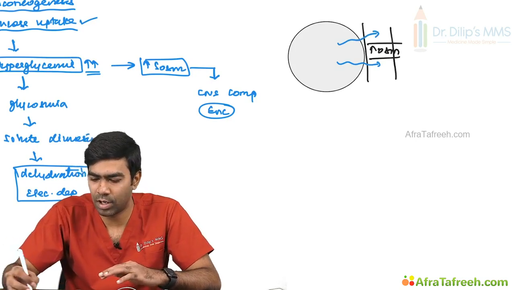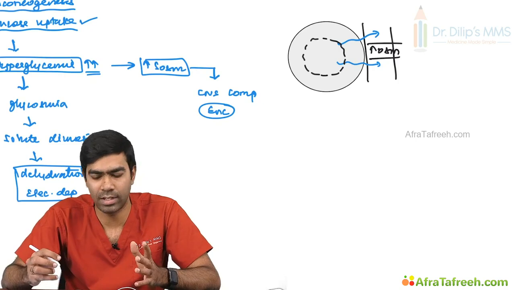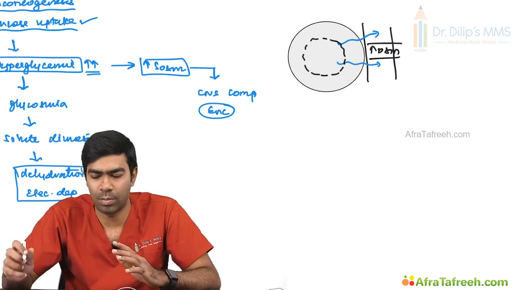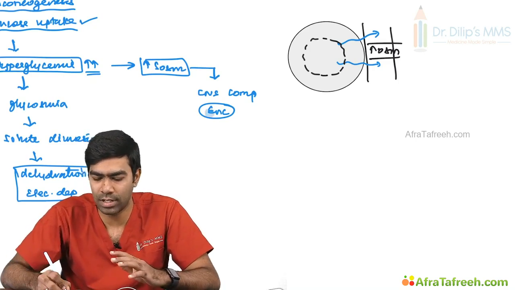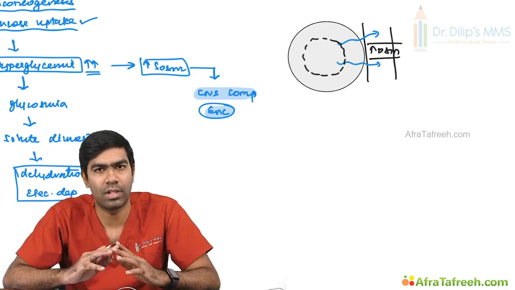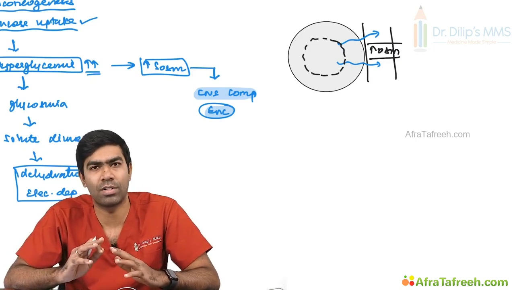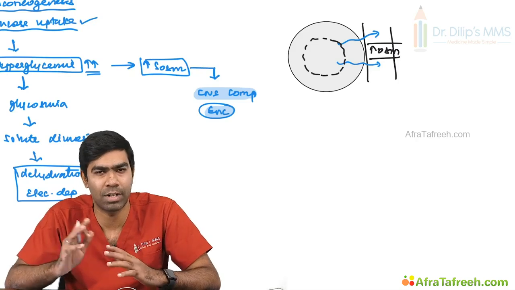So there will be cellular dehydration, the cell will shrink, and that is the reason why these patients can develop CNS complications, because the cell that responds dramatically to these changes in osmolality is the neuron, the brain cell. So that is the reason why they can usually present with encephalopathy. That's why previously it was also referred to as hyperosmolar non-ketotic coma, HONK coma. So that's the other name that was given for that.